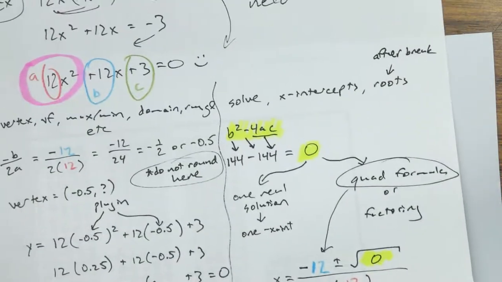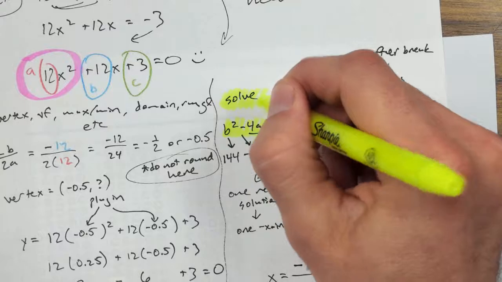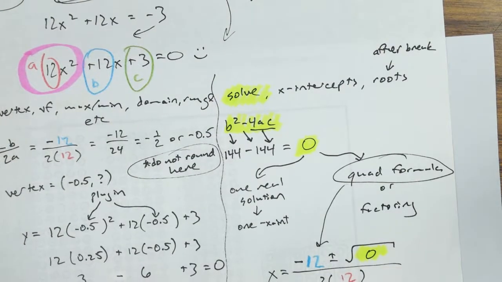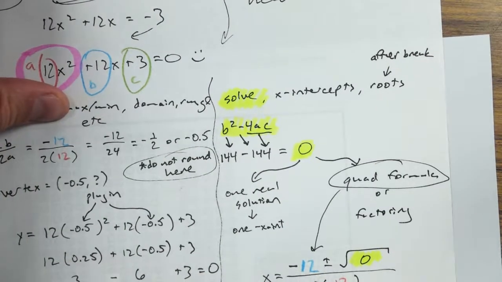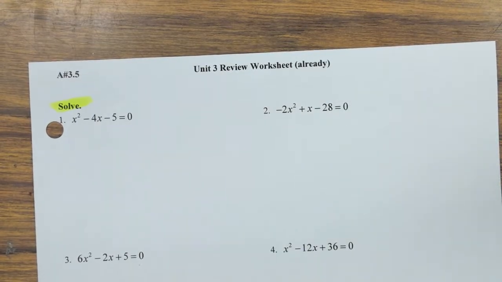No. Because the directions just say solve, what do you have to do? All you have to do is just the b squared minus 4ac side. But I wanted to do everything for our notes because yesterday was our last official day. Today is our first official day of getting ready for our test. So I wanted to review everything one last final time. All right, get into your groups. Get to work.